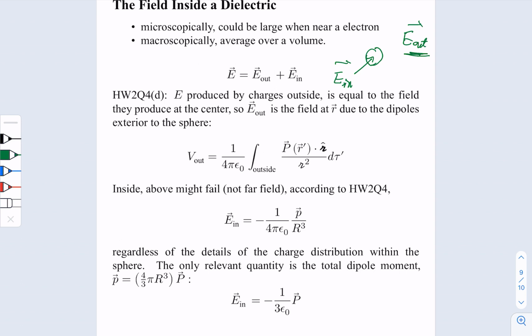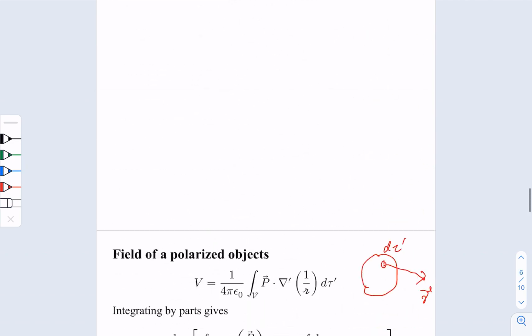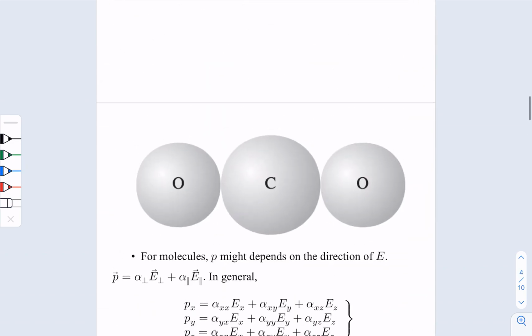And so for the first step, if we look at the fields produced outside by these dipoles, this is simply integrating over all the contributions by these dipoles, and this is exactly the same as what we discussed very early.